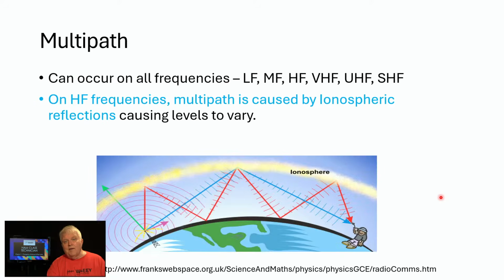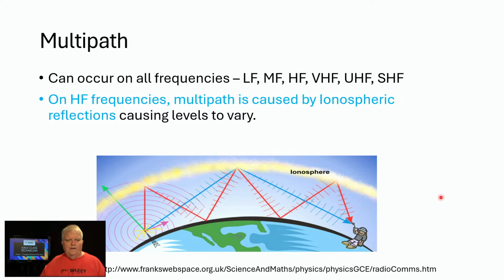Multipath. And multipath can occur on all frequencies, of course VHF and UHF, but also on medium frequencies and high frequencies. You might remember listening to or watching an old World War II movie, and the people are listening to international shortwave, and the signal is going up and then down and then up in strength, and you kind of hear the fading and you have to listen harder.